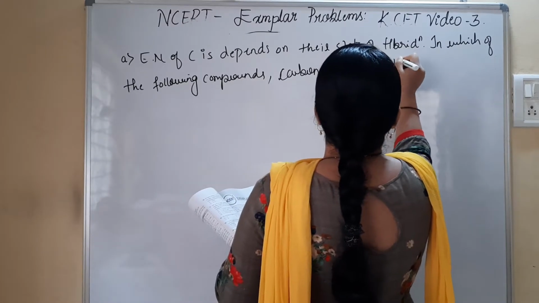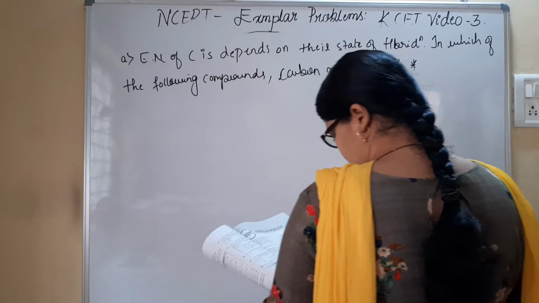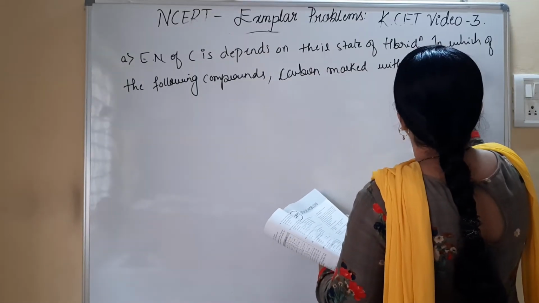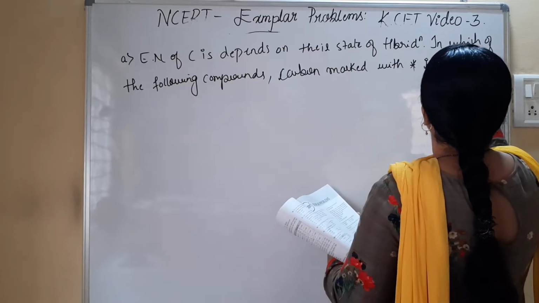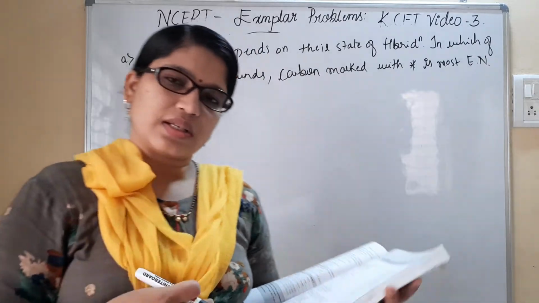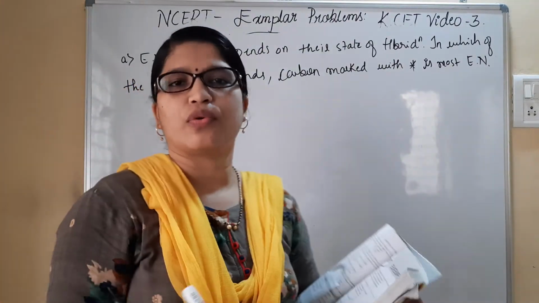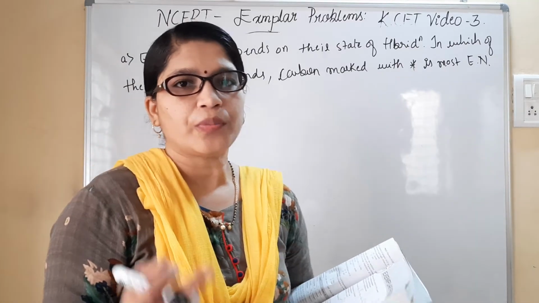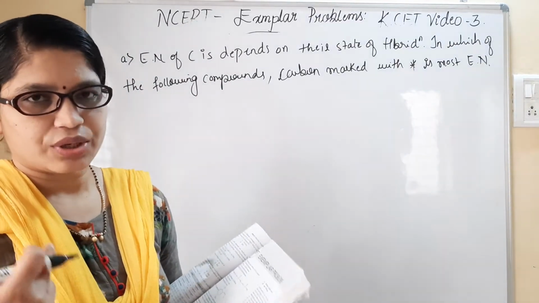So the question is such that we have to see all four options. Out of those four options, we have to find which carbon atom is most electronegative.